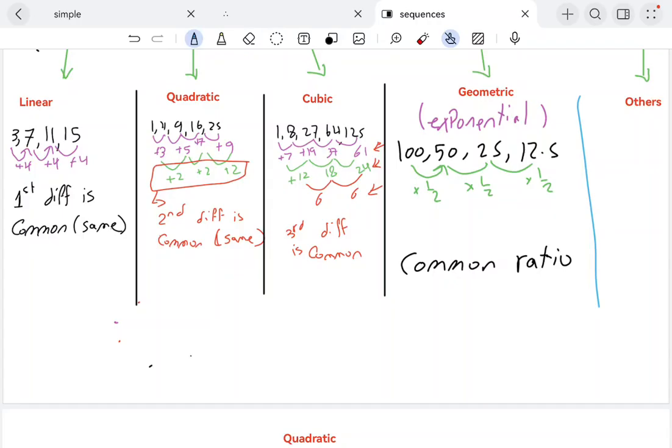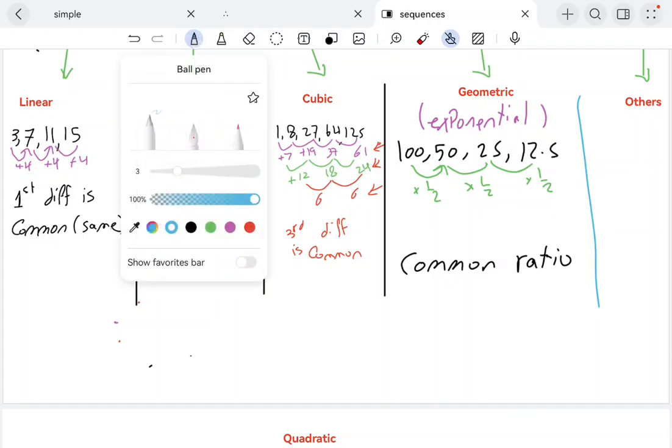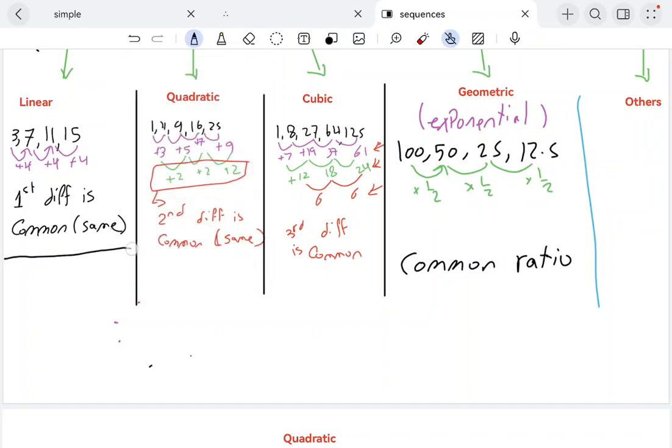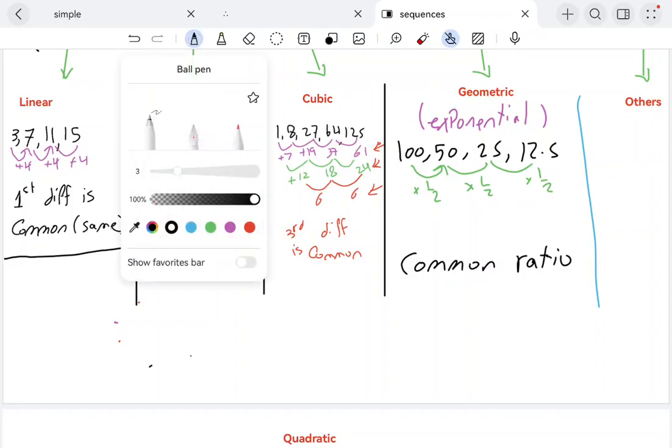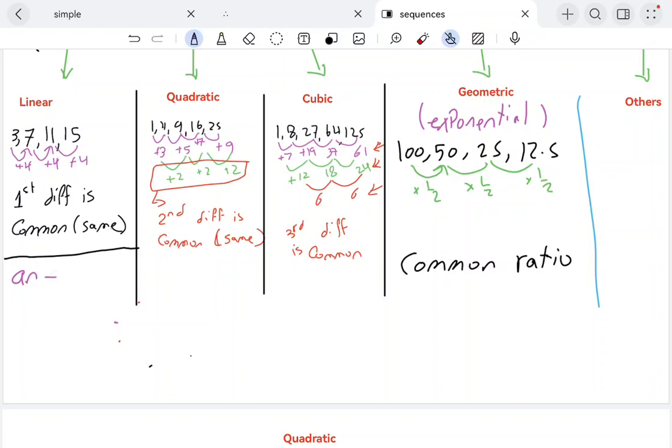Let's start with the linear one, because that's the easiest. For the nth term, you have to know that a linear sequence is in this form: a n plus b. Here n is raised to the power of 1, and b is a constant.